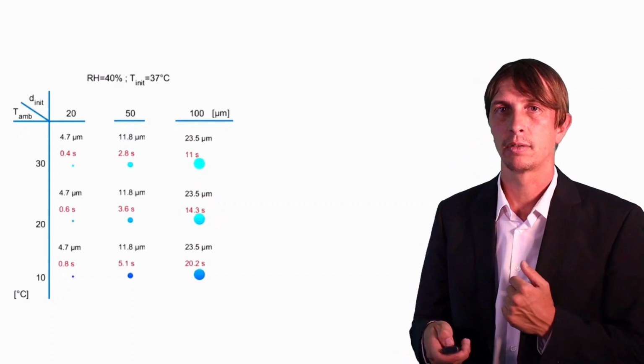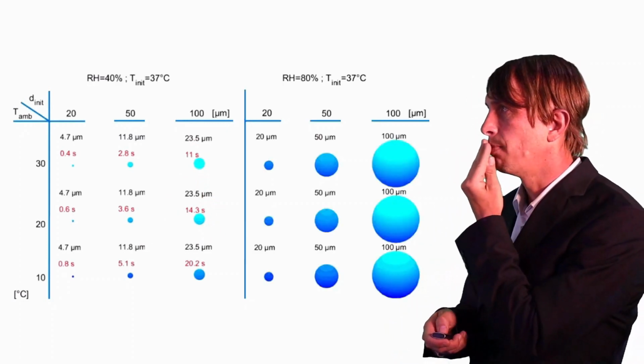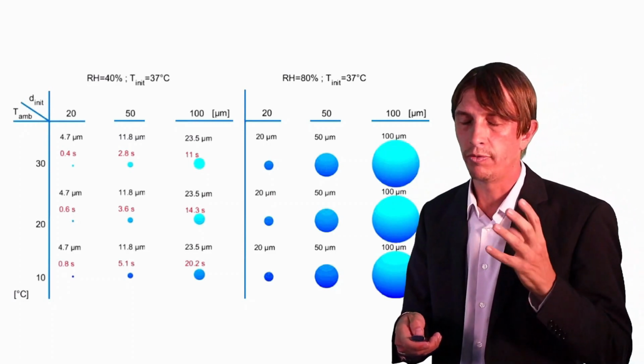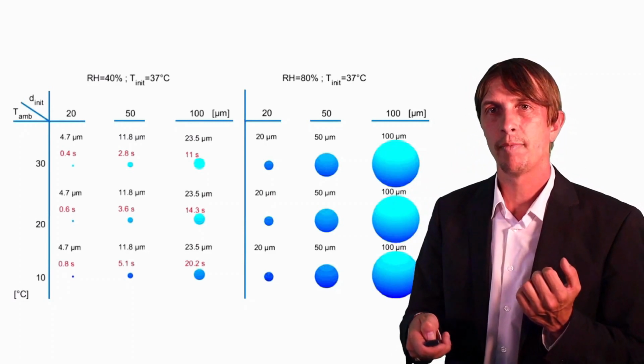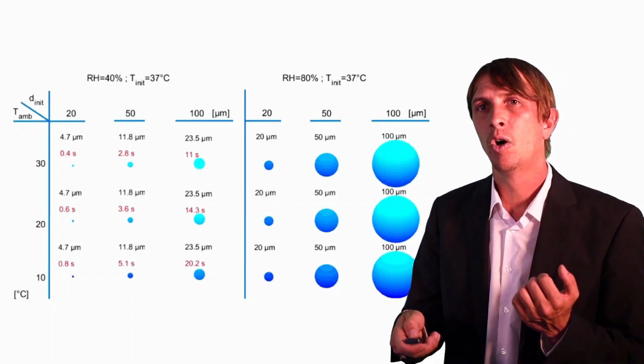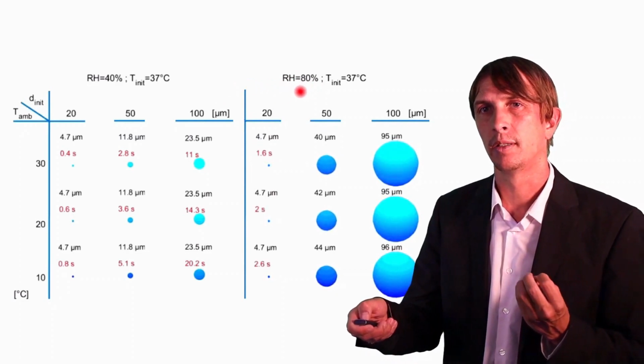14 seconds. However, one thing to remember is the airflow coming out of the mouth is reaching very close to 100% relative humidity. So we have made another simulation here where we are assuming 80% relative humidity, right?